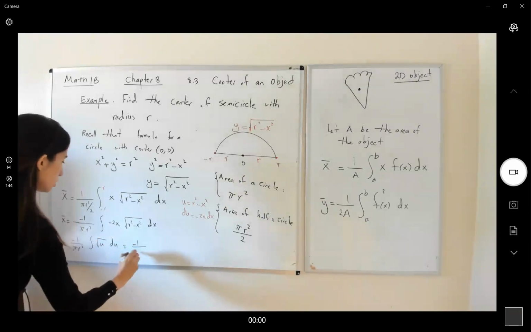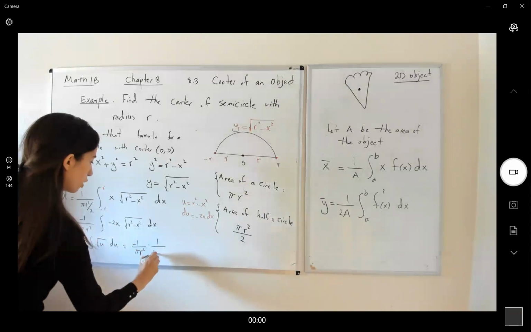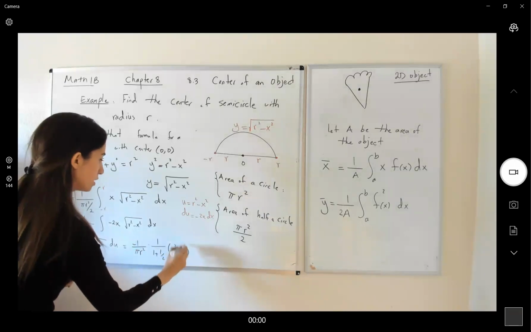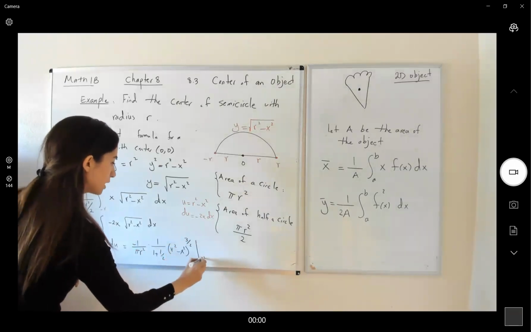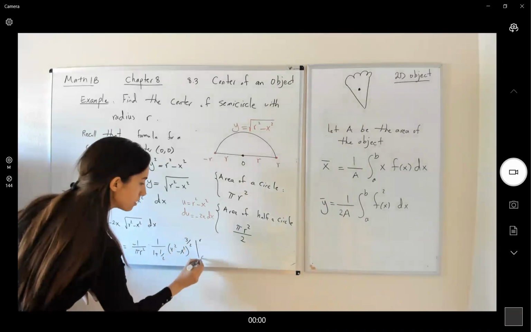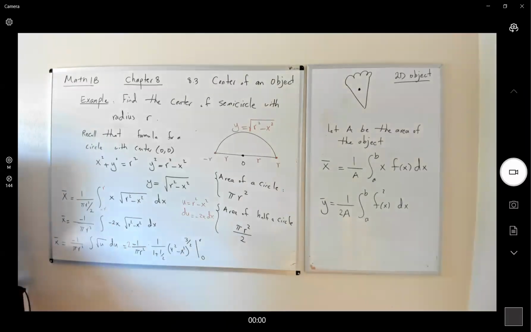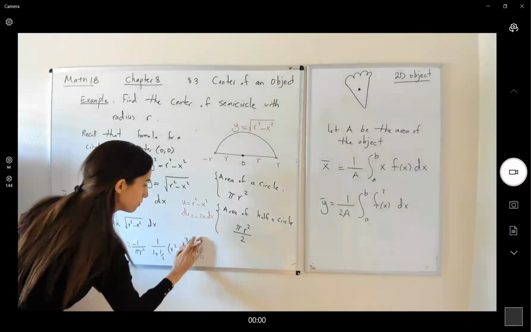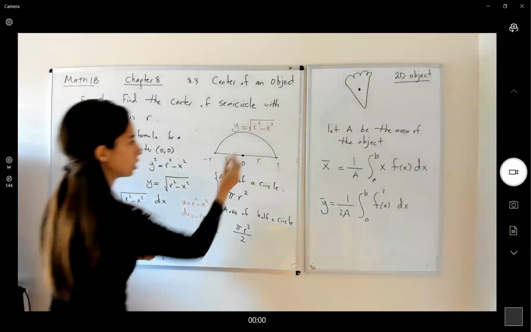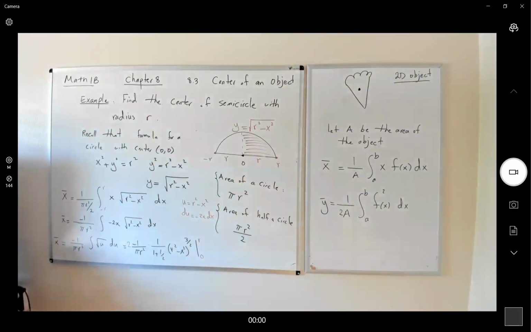So I have negative 1 over pi r squared, times 1 over 1 plus a half, u, which was r squared minus x squared, raised to 3 halves, from negative r to r. Or I can just write this as 0 to r and multiply the whole thing by 2 because of symmetry. I'm just finding this part here and multiplying by 2.